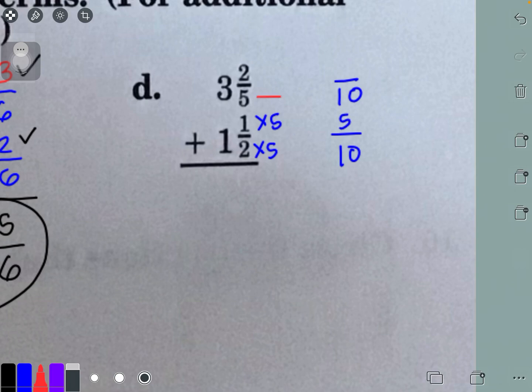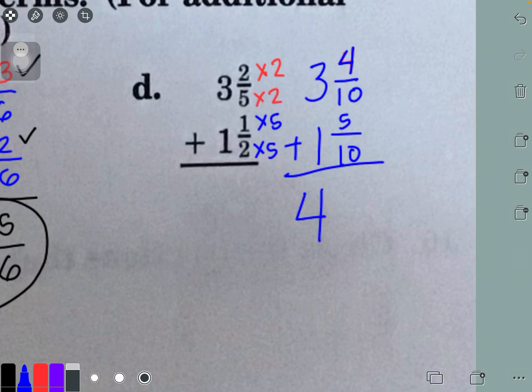Over here, 5 times something equals 10. 5 times 2 equals 10. 2 times 2 equals 4. So now I have to add the whole numbers. This is 4. 4 plus 5 is 9, and my denominator is 10. So my answer is 4 and 9/10.